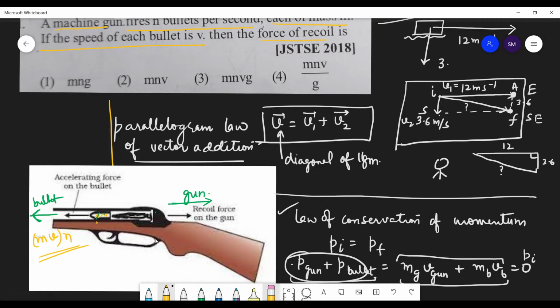So mvn will be the momentum, and the recoil force of the gun is actually the accelerating force on the bullet. Okay.